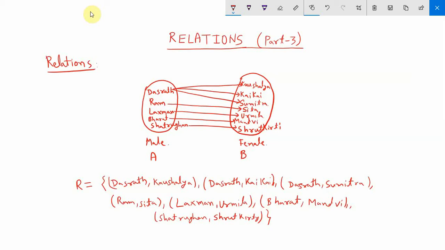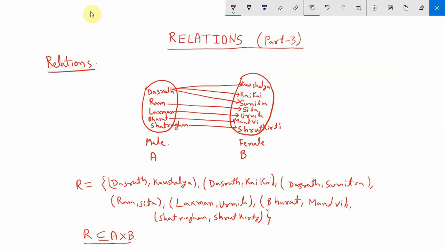We can clearly see that if this is set A and this is set B, then R is a subset of A cross B. Because in A cross B, if we take for example Ram, he will be related to each member of set B. So this is a visual representation of a relation by an arrow diagram.